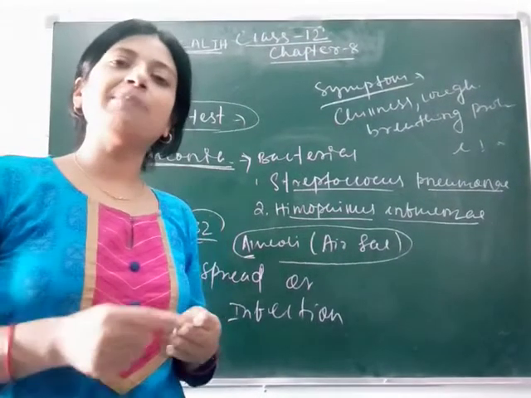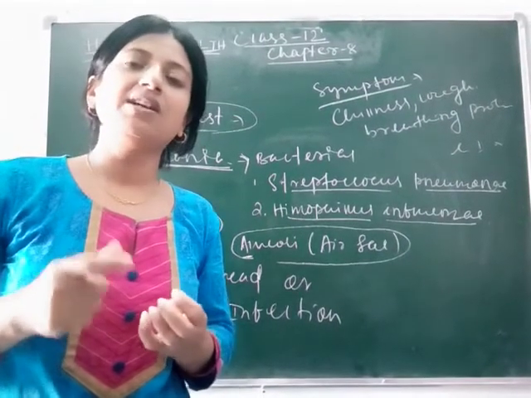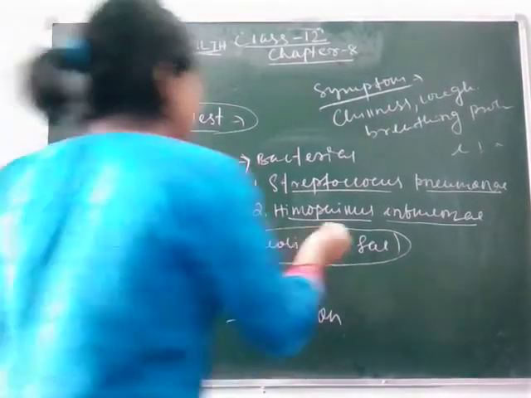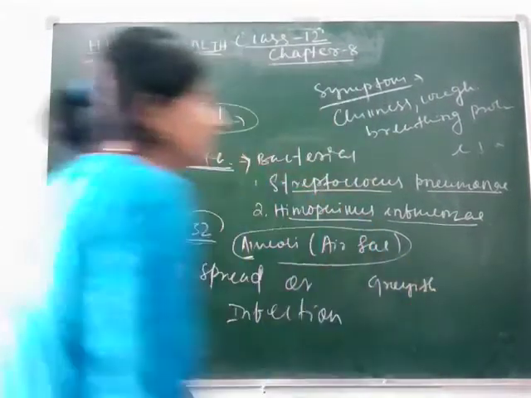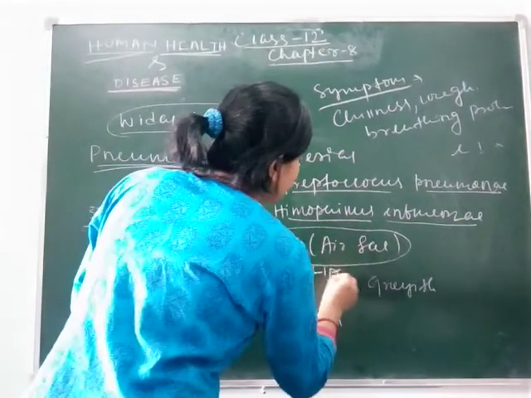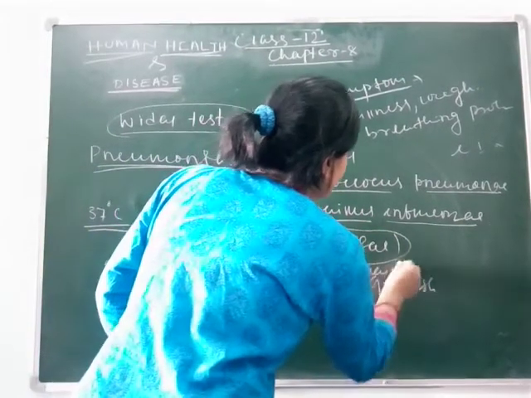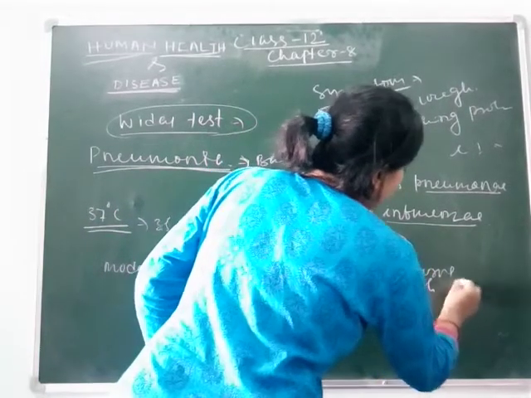To know whether the patient is in a severe condition, gradually the patient's nails and lips turn greyish to bluish. Remember, greyish. In severe cases, the patient's lips and nails turn greyish and bluish.